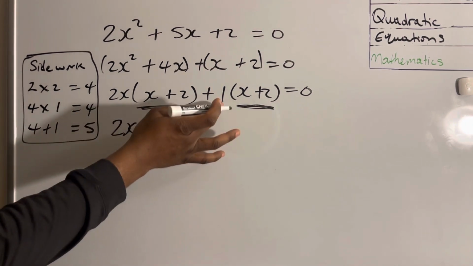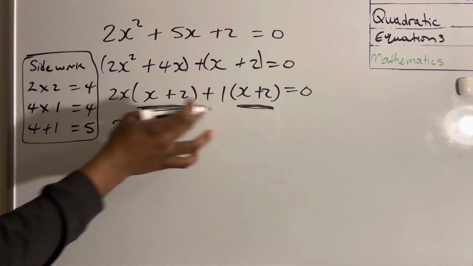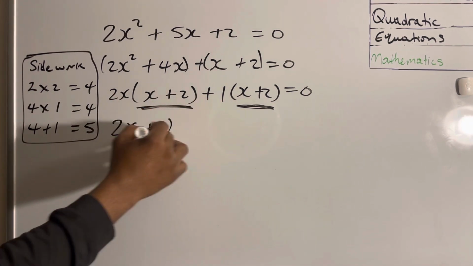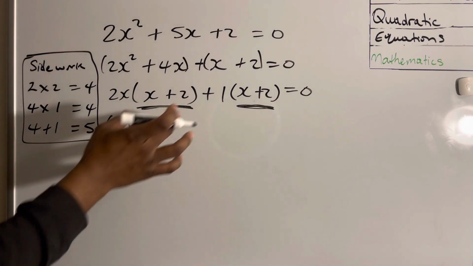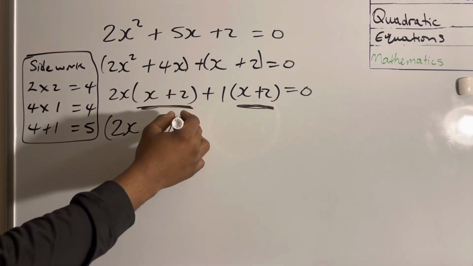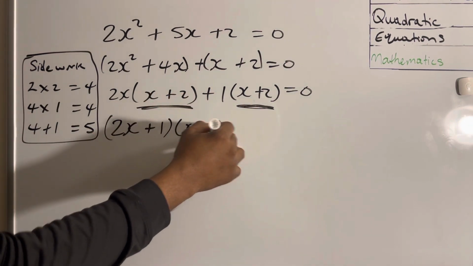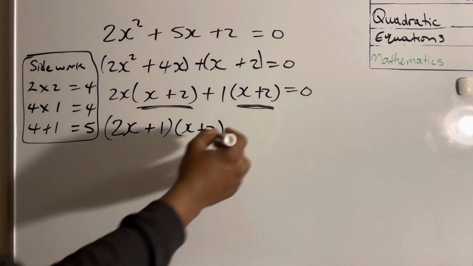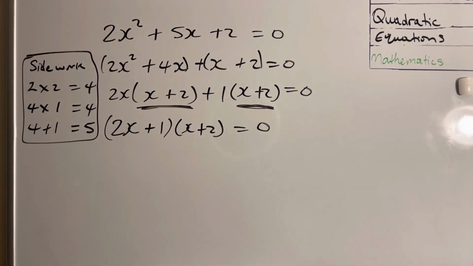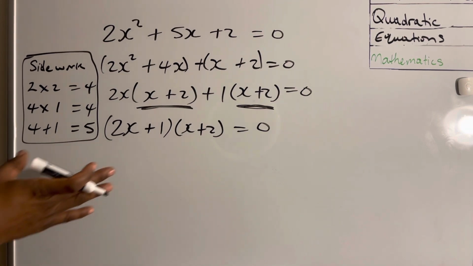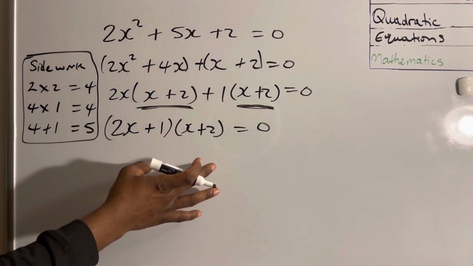Now what you're going to write is these two terms outside of the bracket, placed in one bracket by itself. Then you write back one of the identical brackets, equal to zero. From this stage, you're going to solve for x.